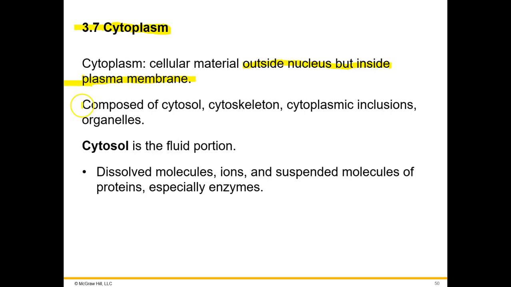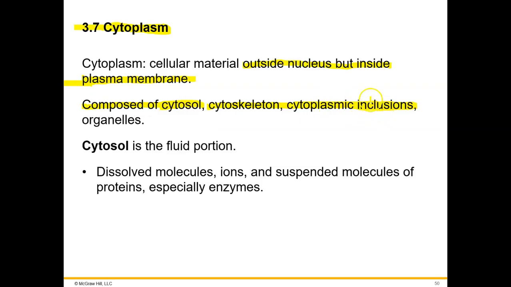So the cytoplasm is actually composed of the fluid portion, which is cytosol, the protein fibers, which form the cytoskeleton, the cytoplasmic inclusions, which are just very large molecules, but they do not have a membrane around them.